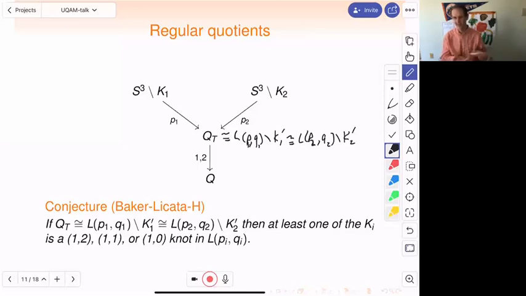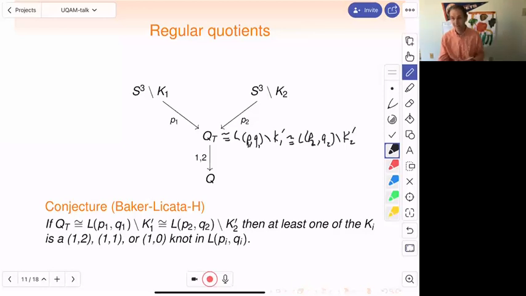But in that case, QT would be Seifert fibered. So that doesn't fit into the hyperbolic side of the questions, but it does neatly categorize the conjecture in terms of cyclic fillings, or manifolds QT with multiple cyclic fillings.